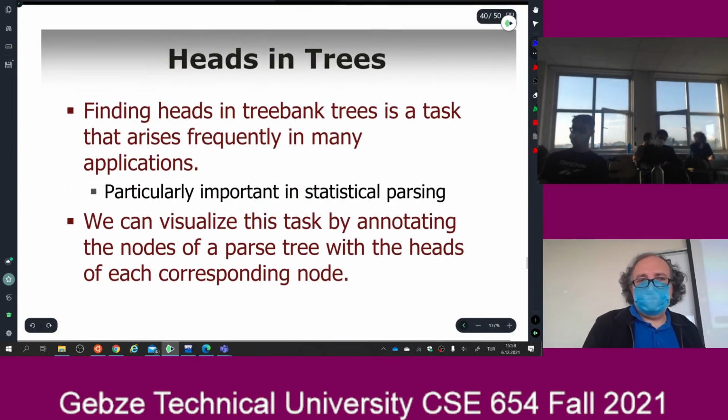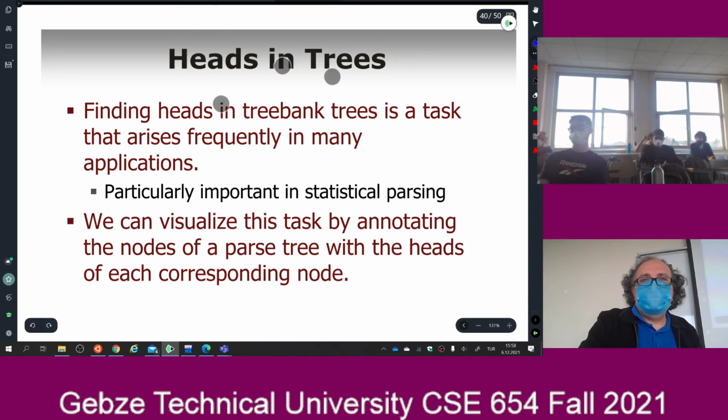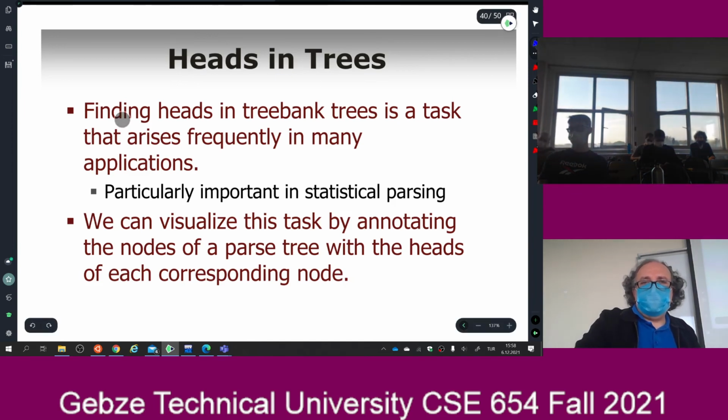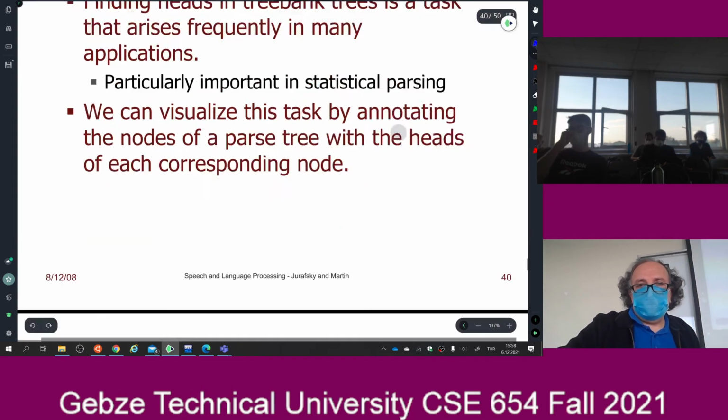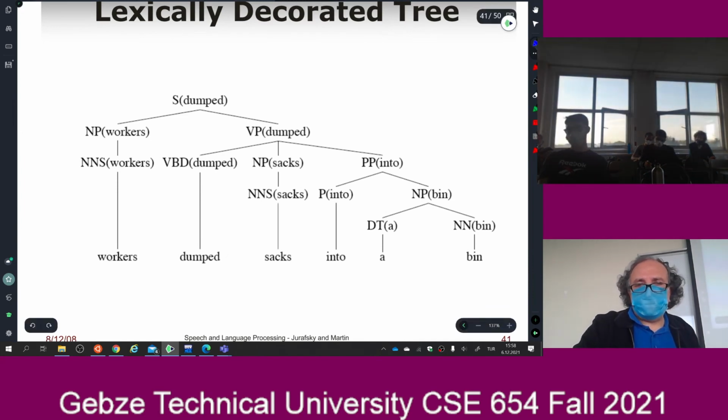Okay, so again, let's go back to this head concept. In trees we like to define these heads. Their uses will be clearer in a few minutes. Finding heads in trees in treebanks is not an ambiguous task actually. Let's look at this one: workers dumped sacks into a bin.